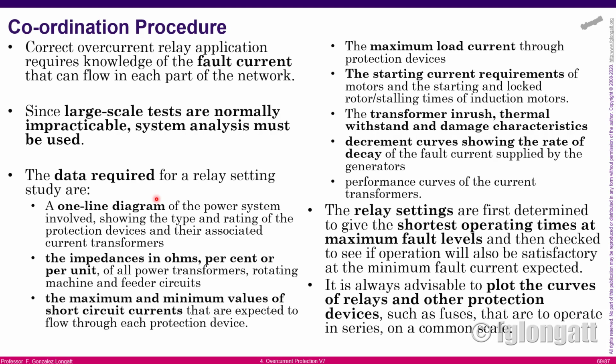Then you need to have a proper understanding of the natural overcurrents that can happen inside your power system. What do natural overcurrents mean? Natural overcurrents are overcurrents that happen in normal operating conditions. For instance, when you are starting up an induction motor, there is a peak, a maximum current that you will have in your induction motor.